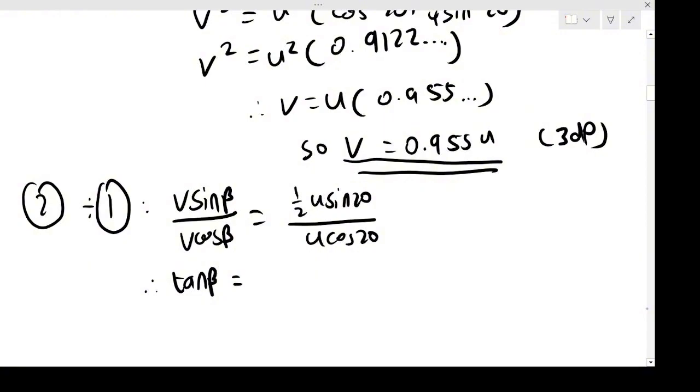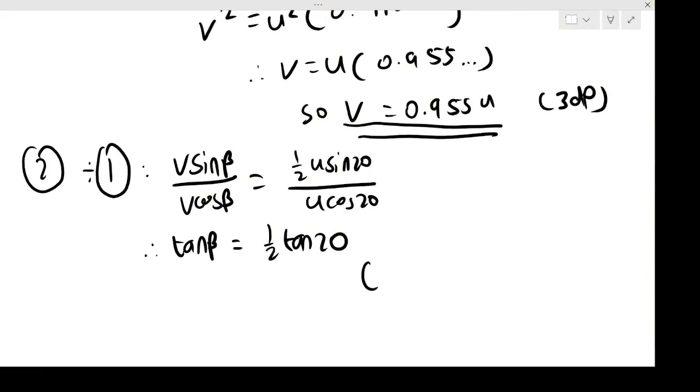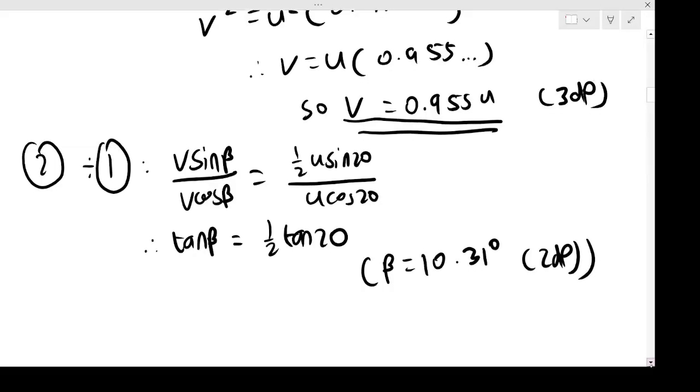And that would be well, that's going to be a half tan 20. And if you wanted to, then you could then just evaluate beta, right? So that'd be arctan of a half tan 20, right? And so you'll get the angle beta to be 10.31 to 2 decimal places, right? But there we are. So that's my speed and angle there.